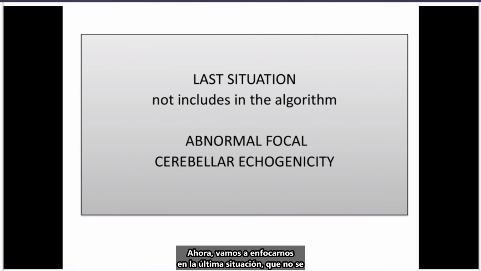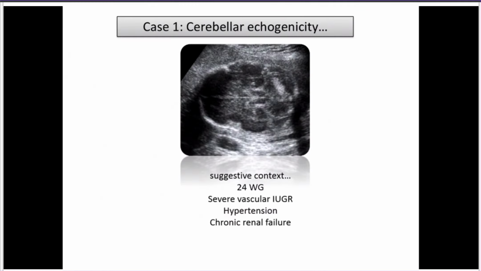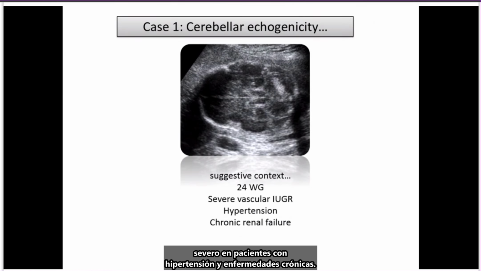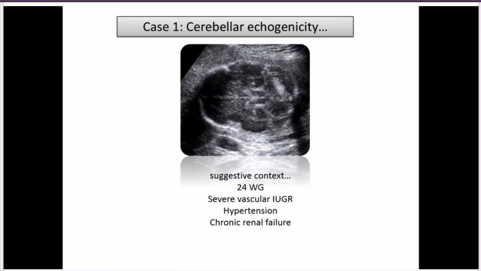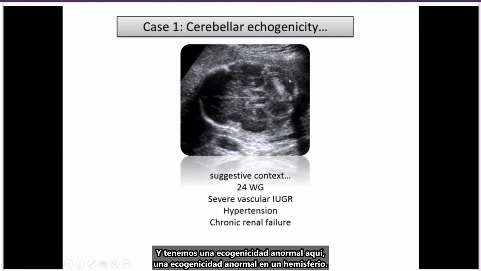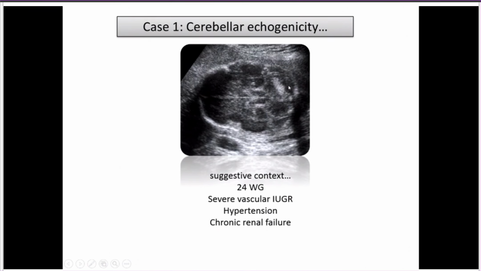Now let's focus on the last situation, not included in the algorithm: abnormal focal cerebellar echogenicity. Case 1, the context is suggestive of a severe vascular IUGR with patients with hypertension and chronic renal failure, and you have an abnormal echogenicity on one hemisphere.